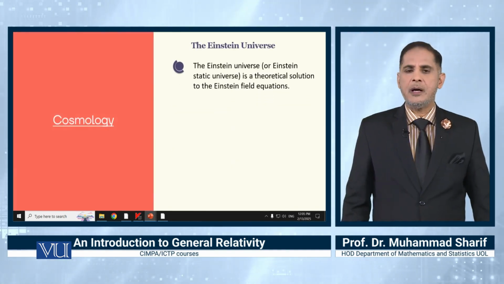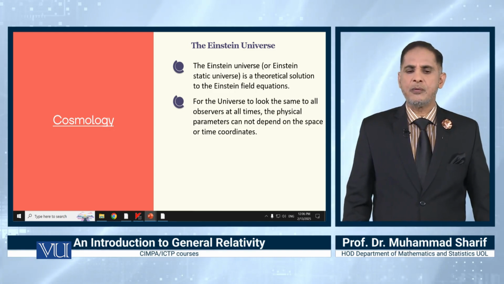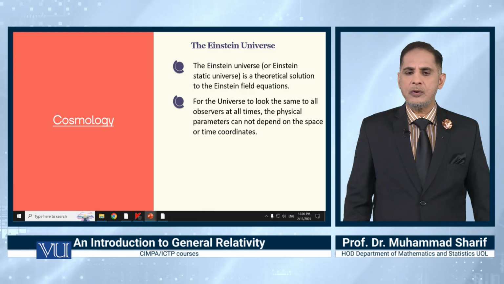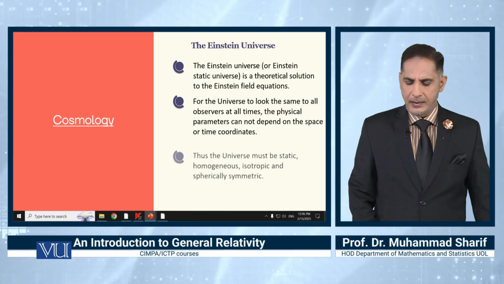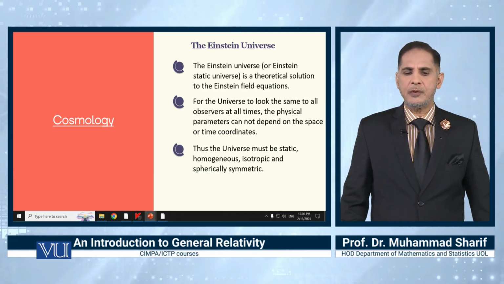Now we come to the Einstein universe model. The Einstein universe is a theoretical solution to the Einstein field equations. For the universe to look the same to all observers at all times, the physical parameters cannot depend on space and time. So, the universe must be static, homogeneous, isotropic, and spherically symmetric.